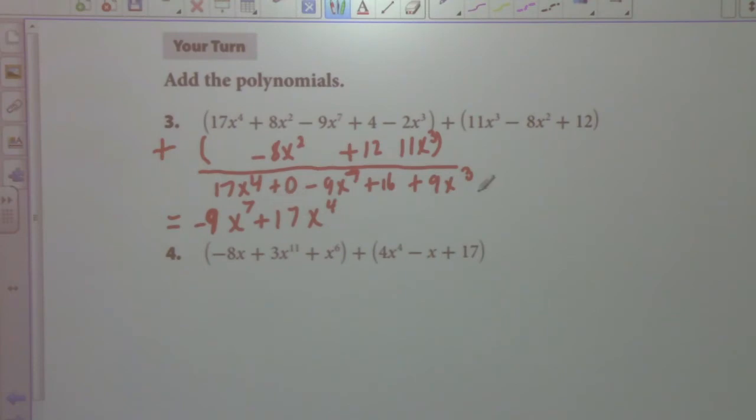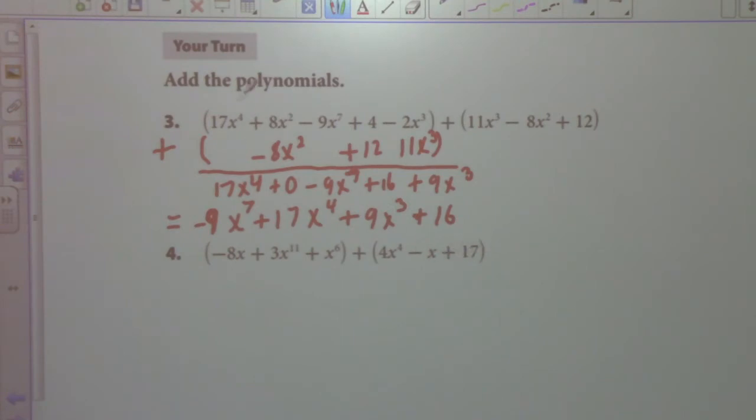And then the next one is 9x cubed. And then we have just plus 16, right? Okay, so really that's it. Is that bad?